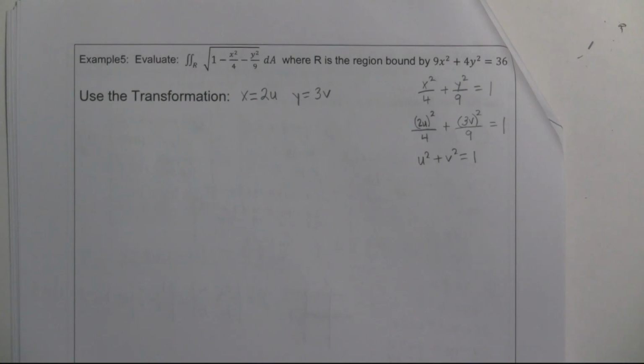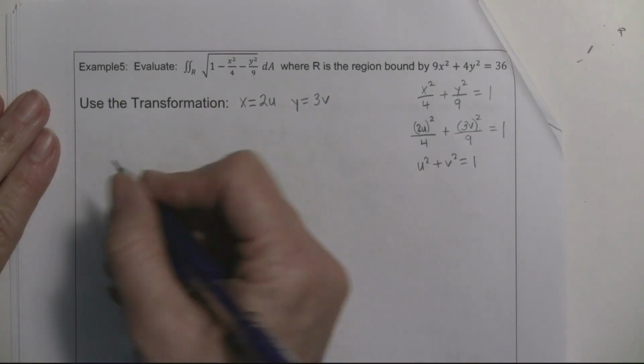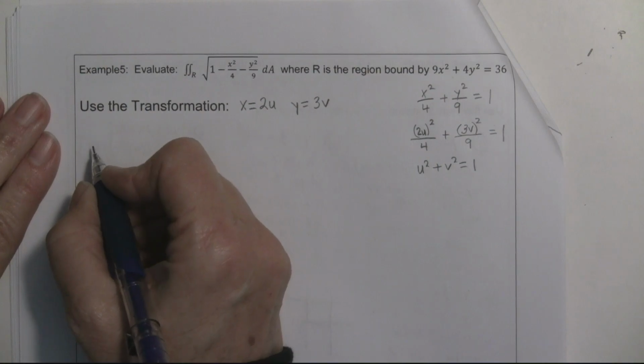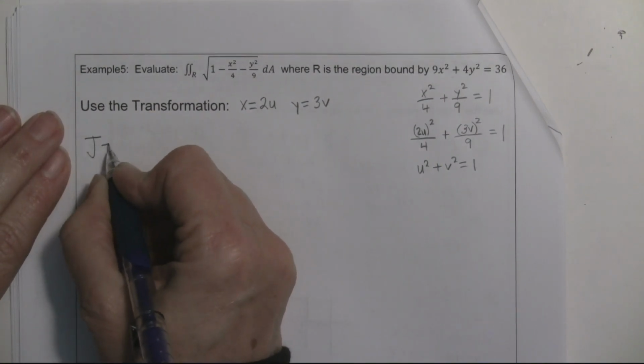And if you're integrating over a circle, then you can use polar coordinates, but you have to have the Jacobian. So that's the next thing I've got to find. Right here, I'm going to find my Jacobian, and then I'm going to get busy putting all this stuff in and hope that it works out pretty good.